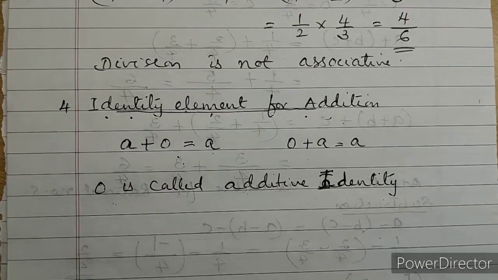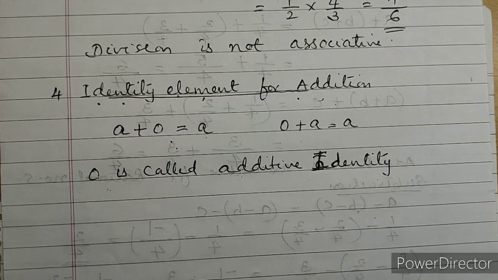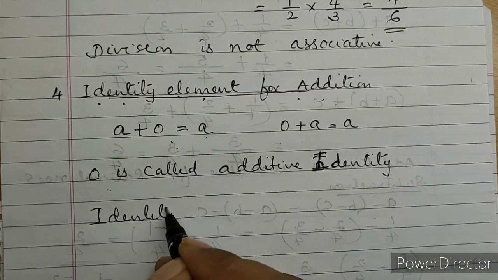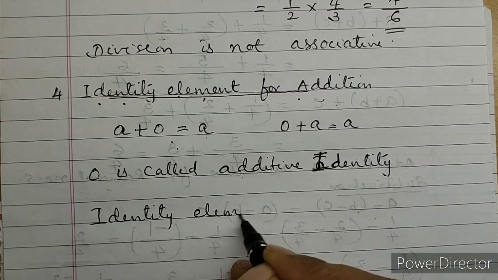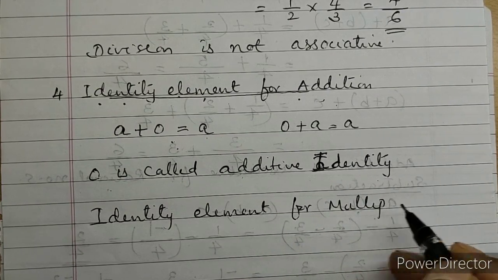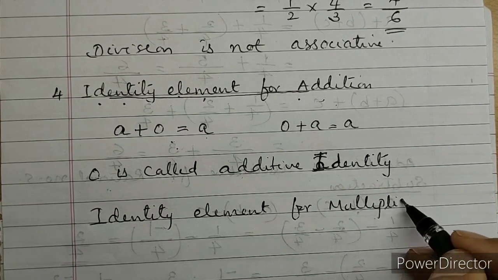Similar way, in multiplication, identity element for multiplication. Can you say which number is the identity element for multiplication?